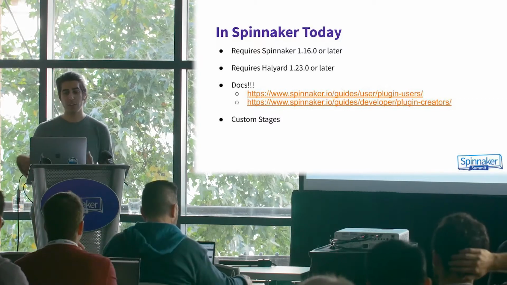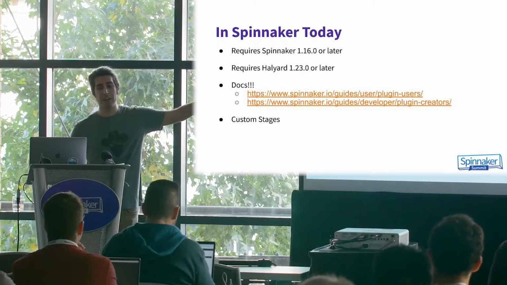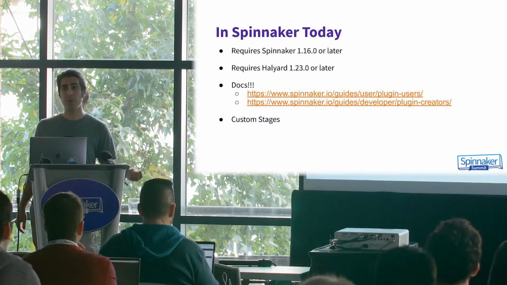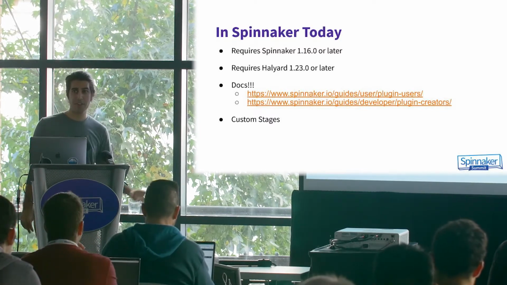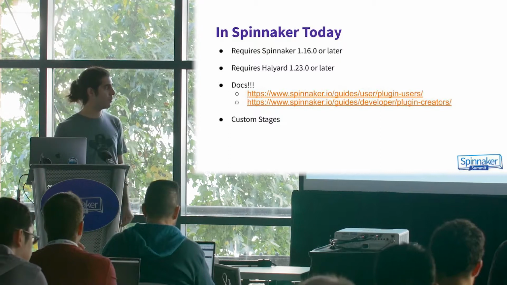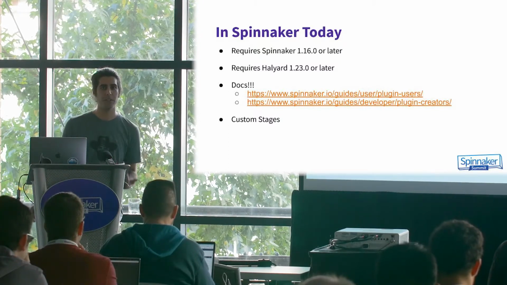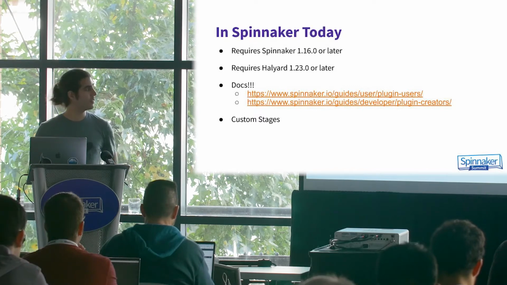So the services download jars. That's why the Spinnaker version matters. The Halyard version comes into play when we want to modify the configs in a safe way. So Halyard manages the create, update, delete for the plugin configurations.